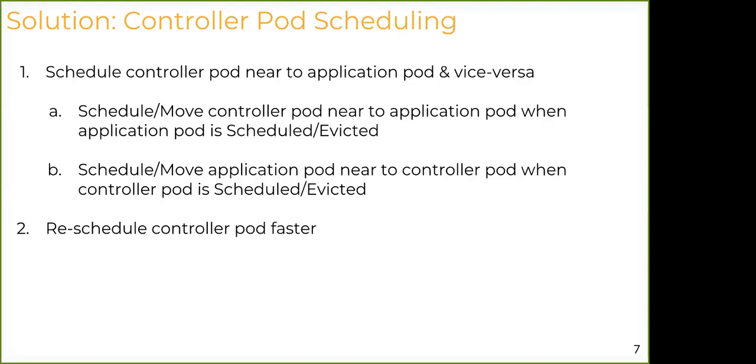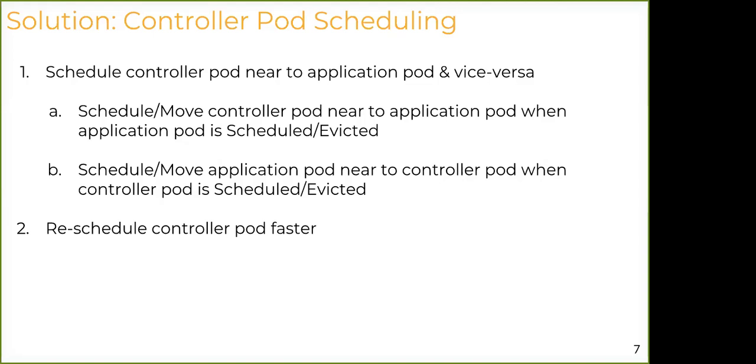All right. So A and B describe what I just said. This should also hold true during evictions, right? For example, there was some disruption in the Kubernetes cluster, due to which the controller was evicted and rescheduled on some other node. This implies the application should also move, stick with the controller, and get scheduled on the new node. So this kind of scheduling is required for both first-time scheduling and eviction cases.